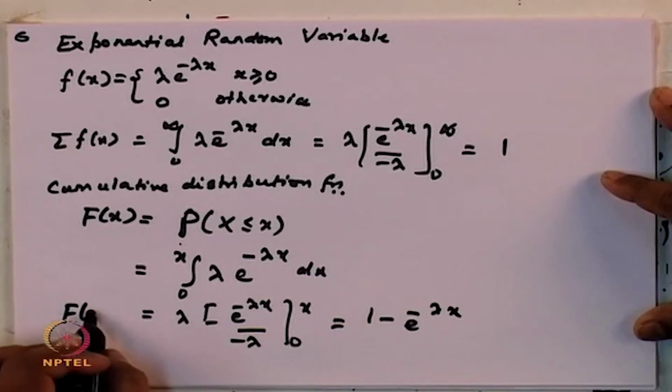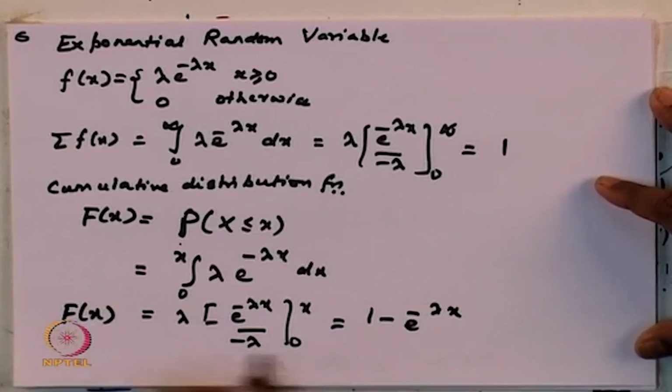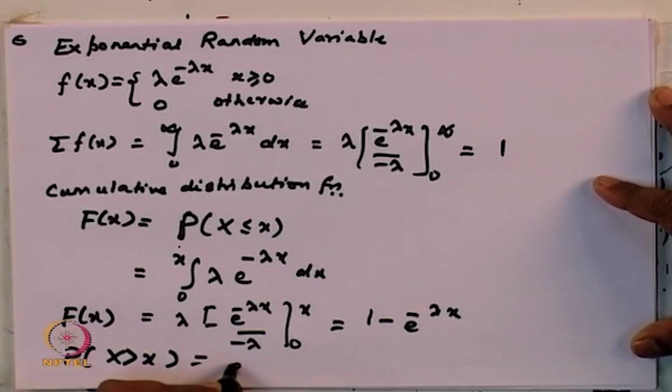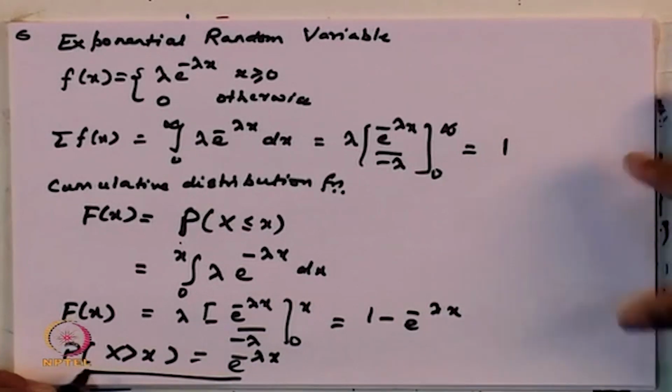Okay. So, your cumulative distribution function is this, which means that the probability of X greater than x will be equal to e to the power minus lambda x. So, we will make use of this probability slightly later.